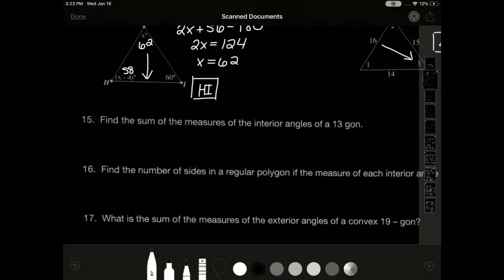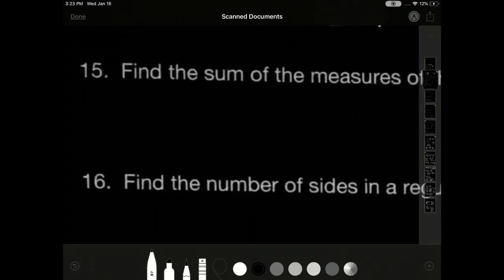All right, now we want to find the sum of the measures of the interior angles of a 13-gon. This is the one formula that you don't have on your formula sheet, but it's pretty simple. We have n minus 2 times 180.